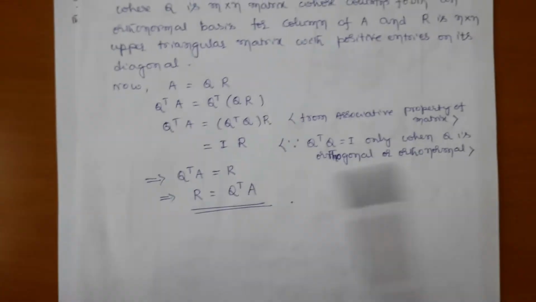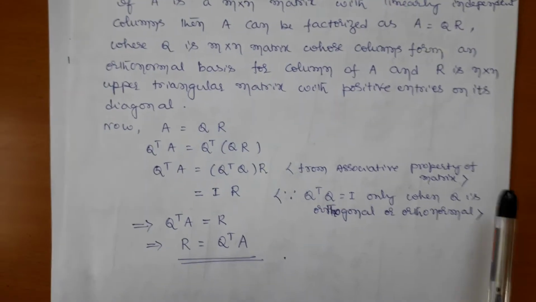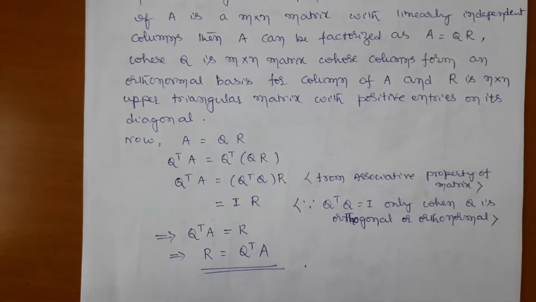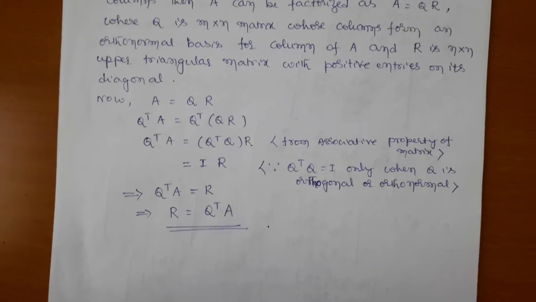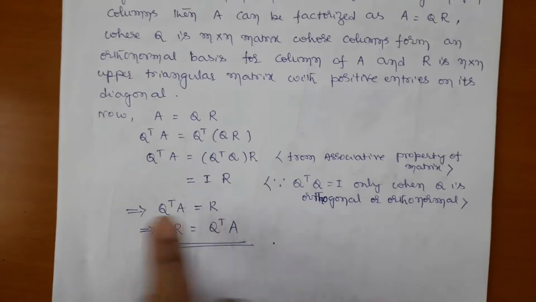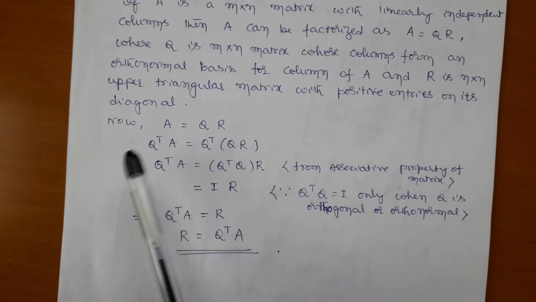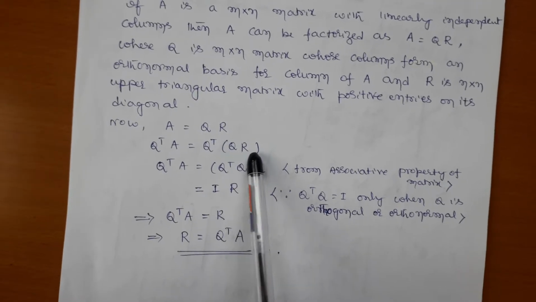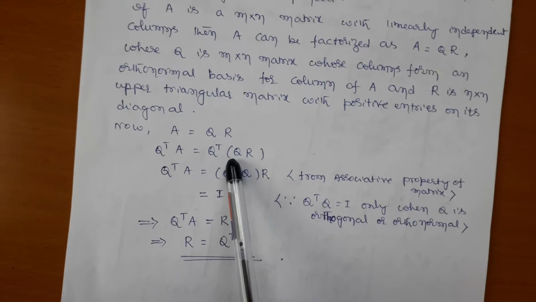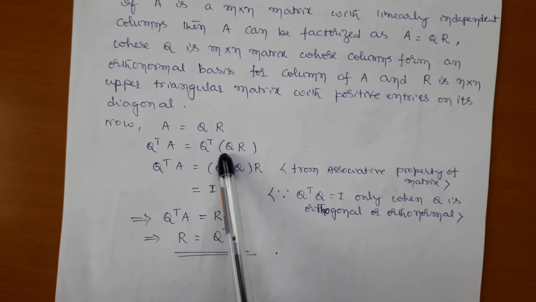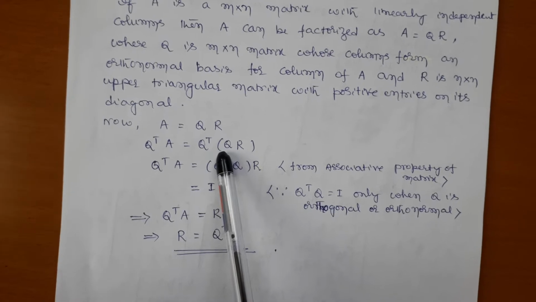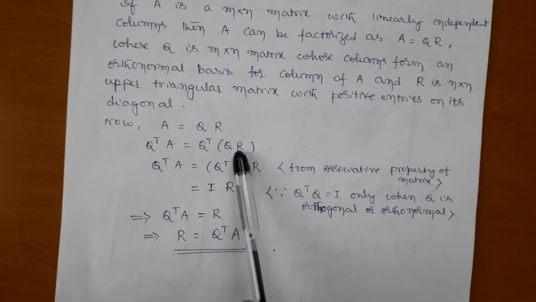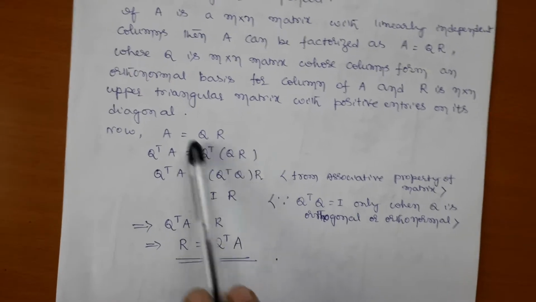Now, A is nothing but Q into R. Then I am going to take Q transpose on both sides. Q transpose into A is equal to Q transpose of Q into R. Q is a matrix formed from an orthonormal basis for the columns of A, and R is an upper triangular matrix with positive diagonal entries.